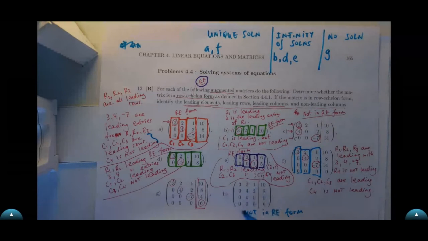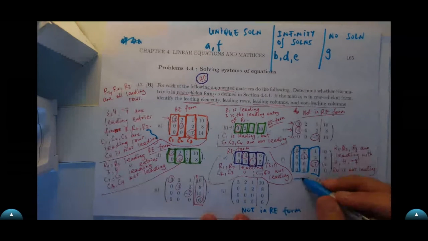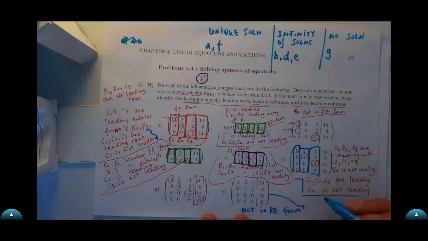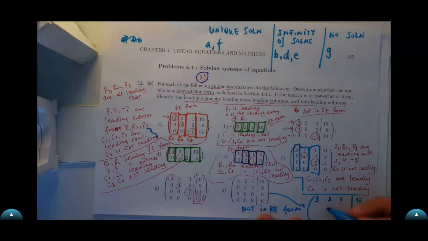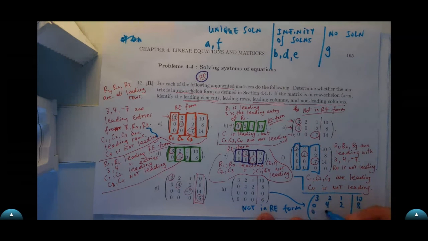So if I was to swap these over, I would swap row 3 and row 4 to get something like this.